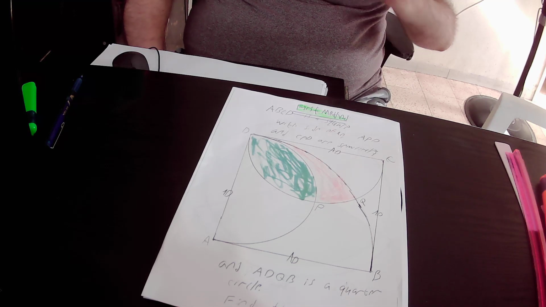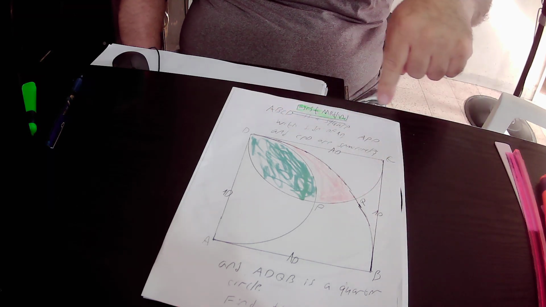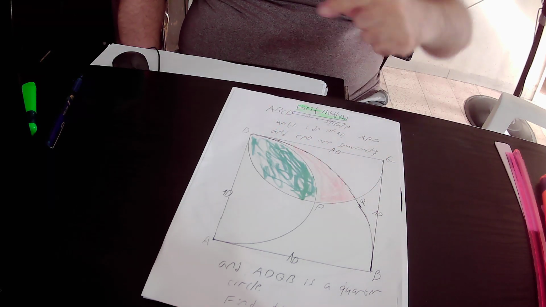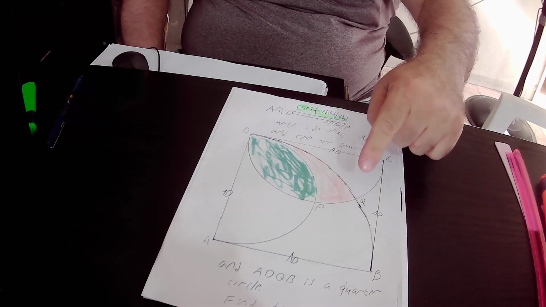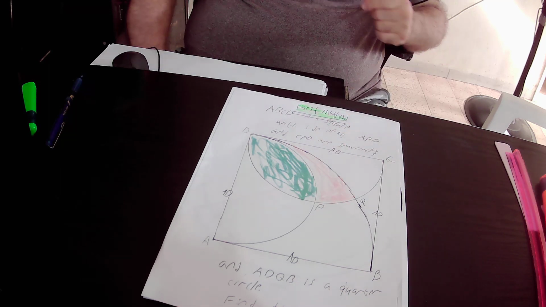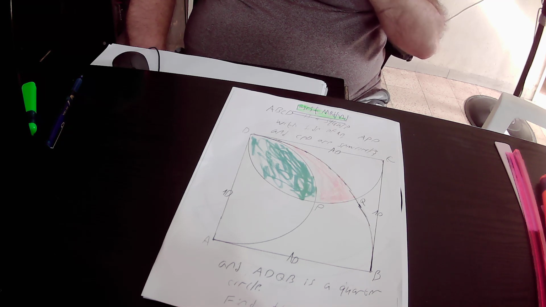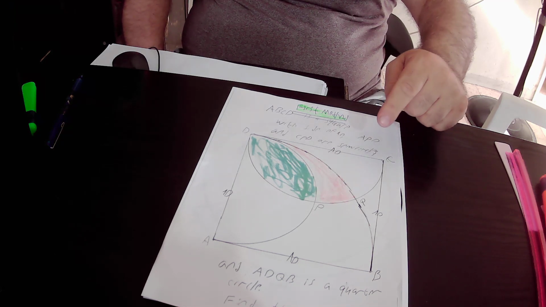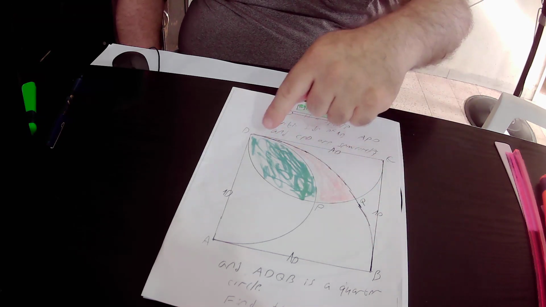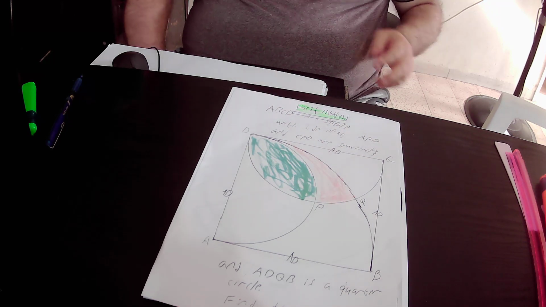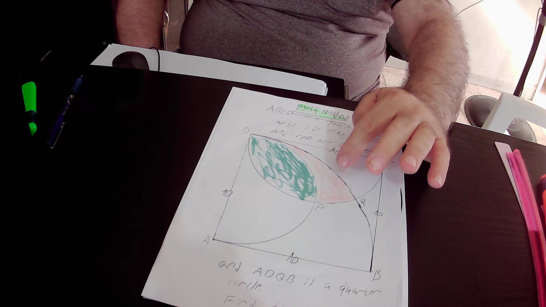In addition, we have here quarter circle ABQD that intersects with this semicircle, and they create the big lens. The big lens was created by the intersection of the semicircle with the quarter circle. And our mission is to find out the area of this green shape.